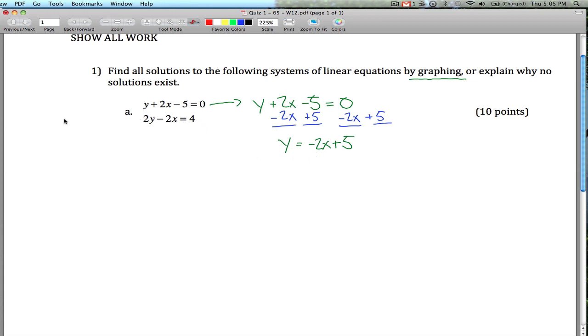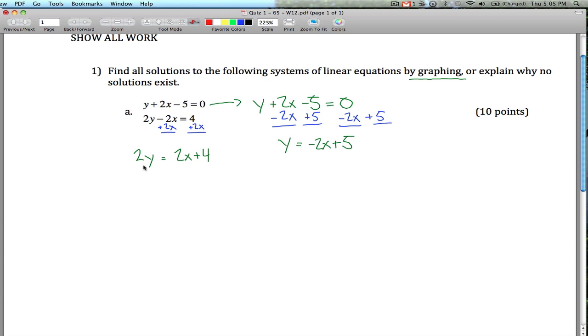This guy down here, maybe I have room to just put it right in. Also not in the right form. Kind of two steps here. We want to first of all get this 2x over to the other side. So let's add 2x over here and add 2x over here. And what that gives us is 2y equals 2x plus 4.